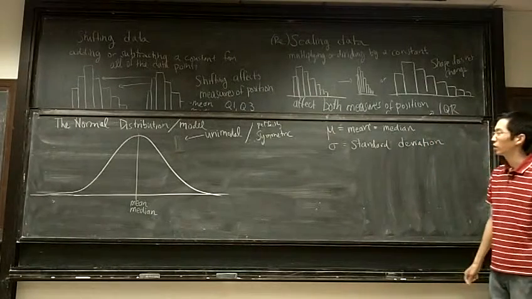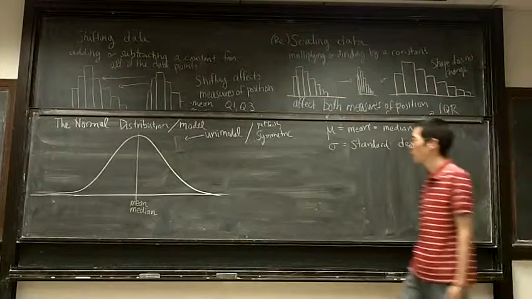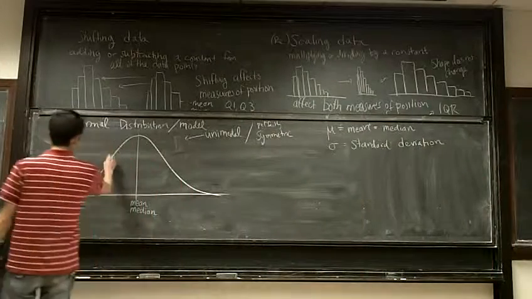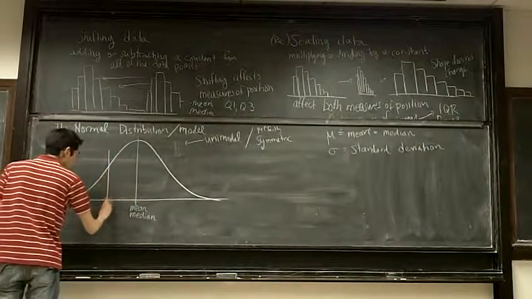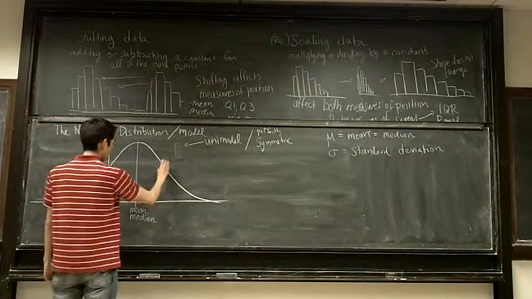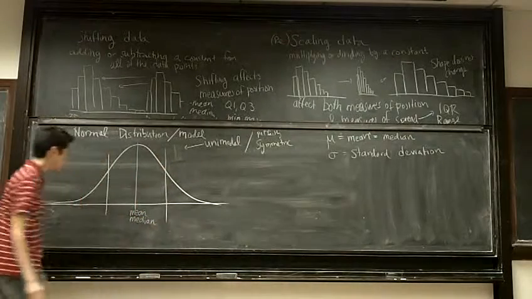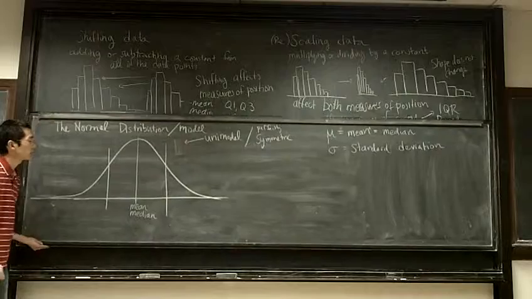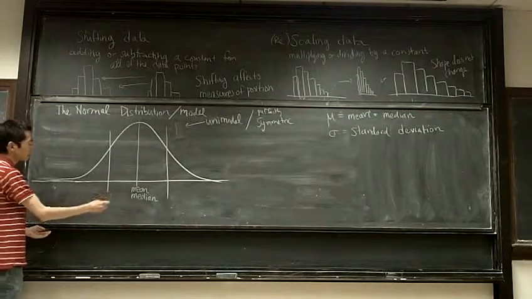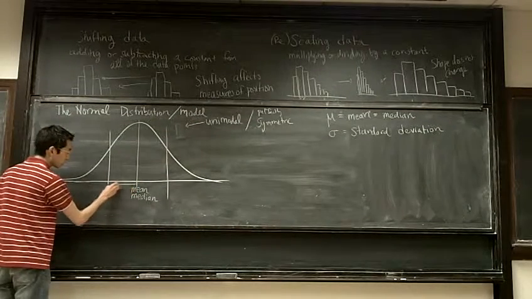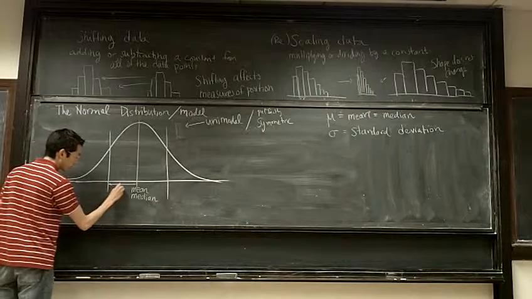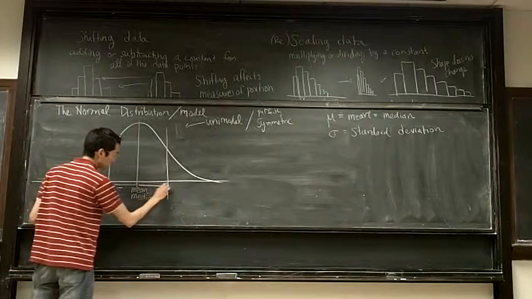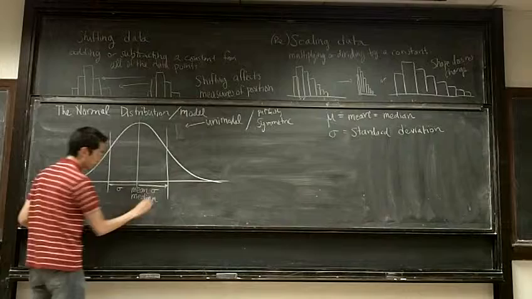Okay, so on the normal model, the standard deviation. If you go out one standard deviation, this distance is about one standard deviation, and this is one standard deviation.